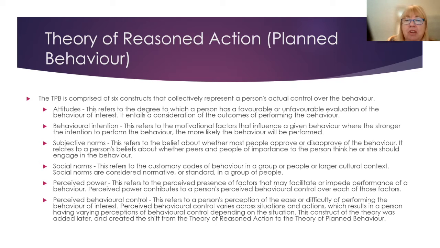The first construct is attitudes: whether or not the person has a favorable or an unfavorable evaluation of the behavior. So say stopping smoking. Do they feel positively about stopping smoking, or do they not care? Does it not matter to them? What is their attitude towards it?